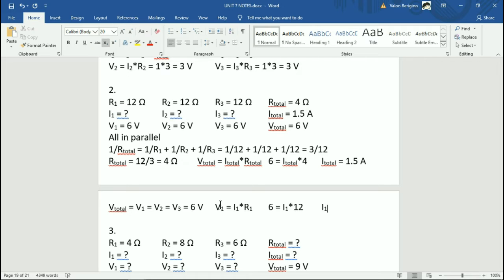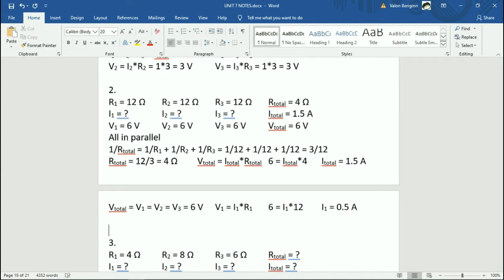So I1 equals 0.5 amps. And again, you should be able to see pretty clearly that this all lines up quite nicely.